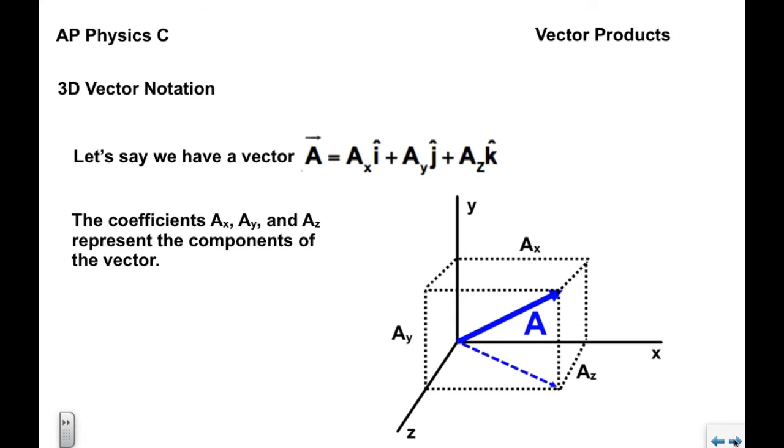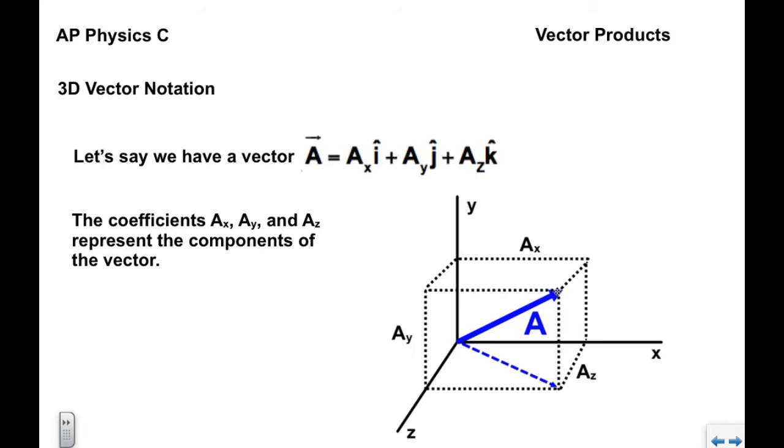So visually, if you can imagine sort of a cube, a rectangular prism, we have my x, y, and z axes using standard sign conventions. A sub x is along the x direction. You can imagine going this way. And then a sub y is positive and goes up.